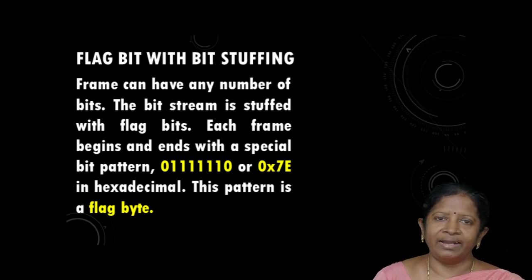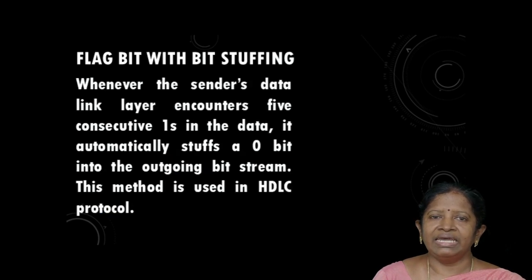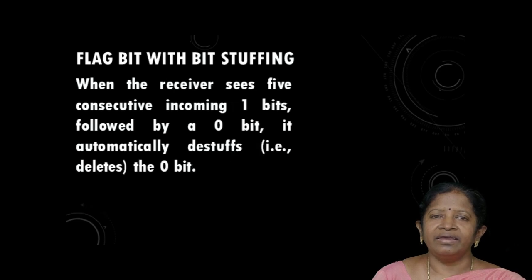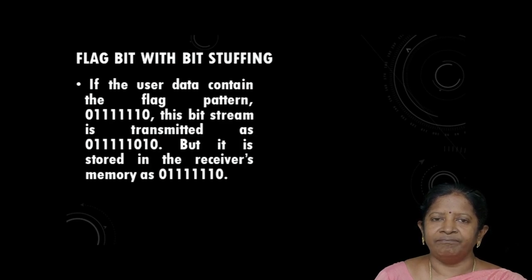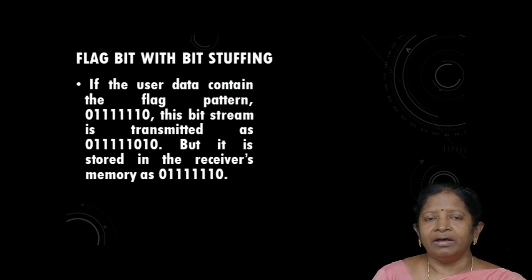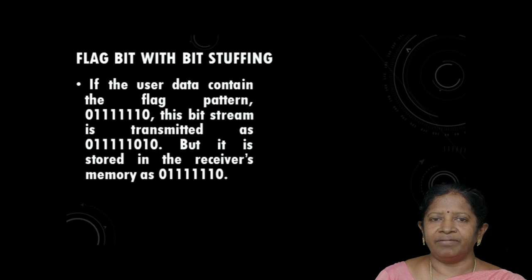So to avoid that, once you have 5 consecutive ones inside the data, a 0 bit will be added. After 5 consecutive ones, if the bit stream sees a 0, then it will be stripped off on the receiver side, understanding only the 7E as the marking of the beginning and the end of the frame.